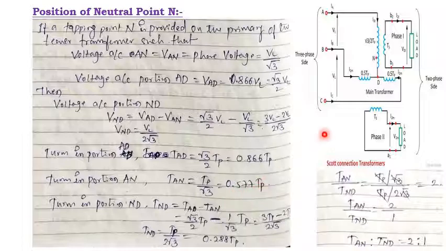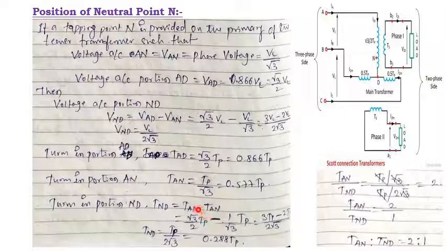So just substitute here. I represented first TAD, then TAN, so what is TND? How can I get TND? You subtract TAN from TAD, so TND equals TAD minus TAN.